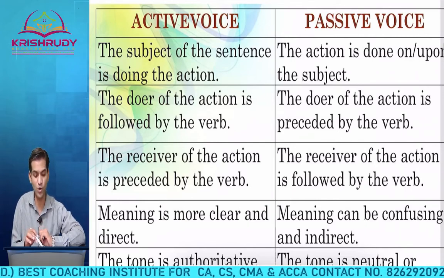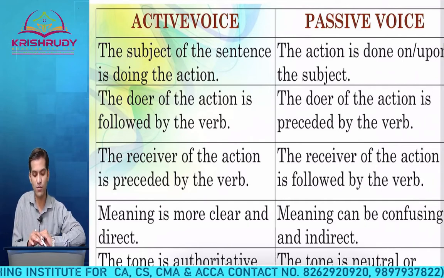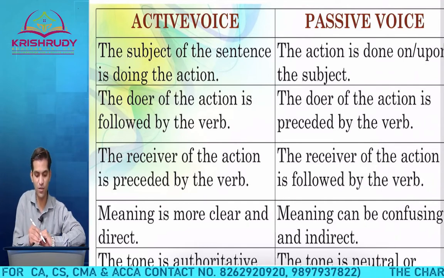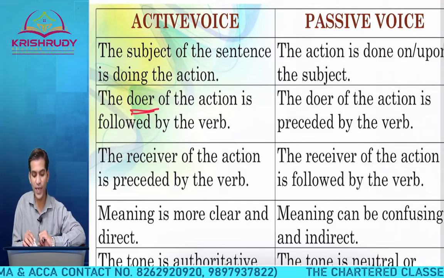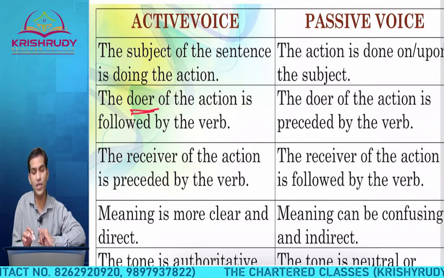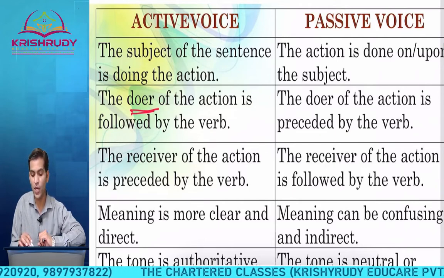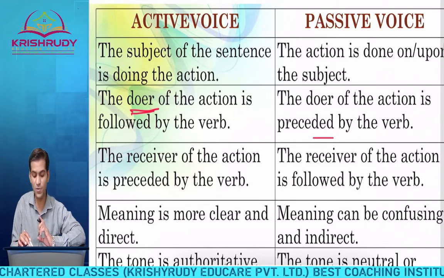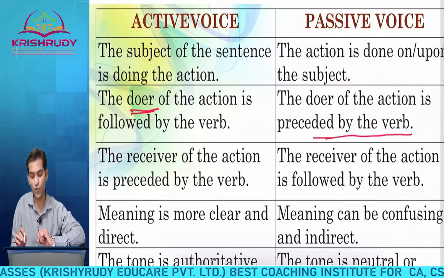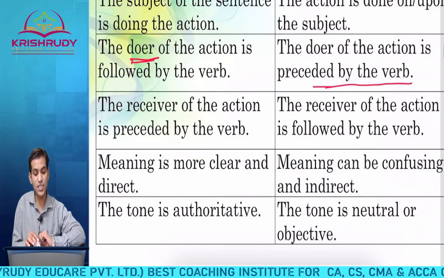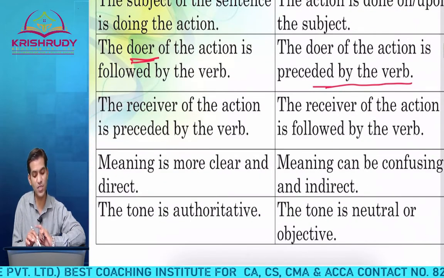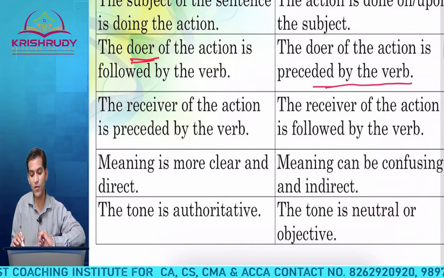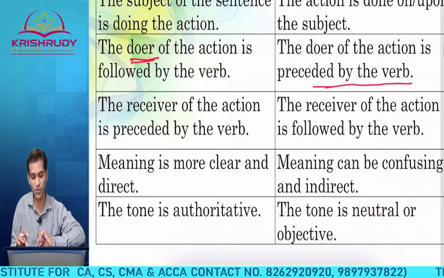This I already told. In active voice, the doer of the action, the subject, is followed by the verb. In passive voice, the receiver of the action is followed by the verb.